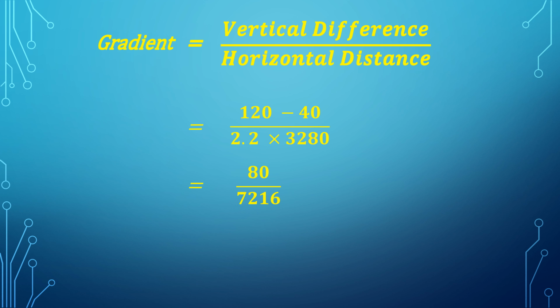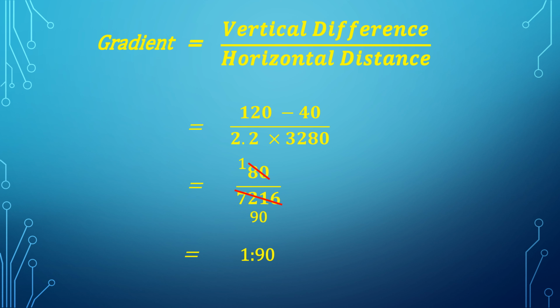So it is 80 over 7,216. So we say 80 into itself one time, and 80 into 7,216 is equal to 90. Therefore, our gradient is equal to 1 over 90 or 1 to 90, which basically means that for every 90 feet traveled along the horizontal distance, the height of the land increased by 1 foot.